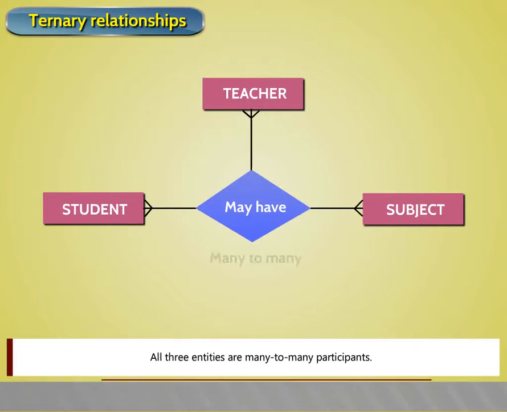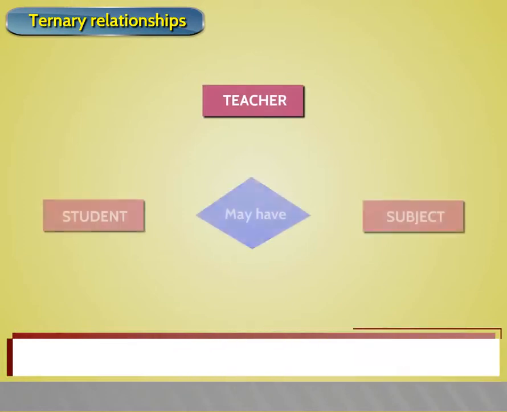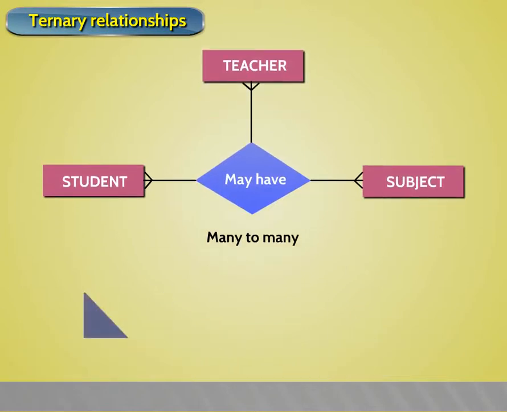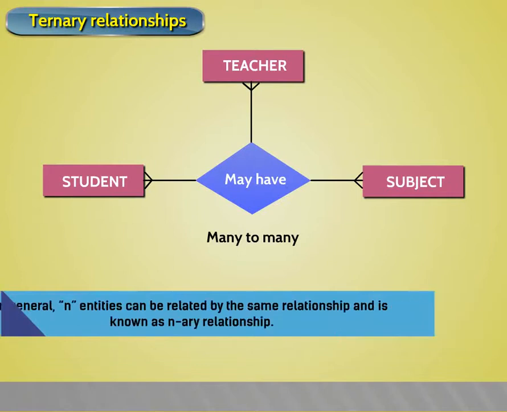All three entities are many-to-many participants. There may be one or many participants in a ternary relationship. In general, n entities can be related by the same relationship and is known as n-ary relationship.